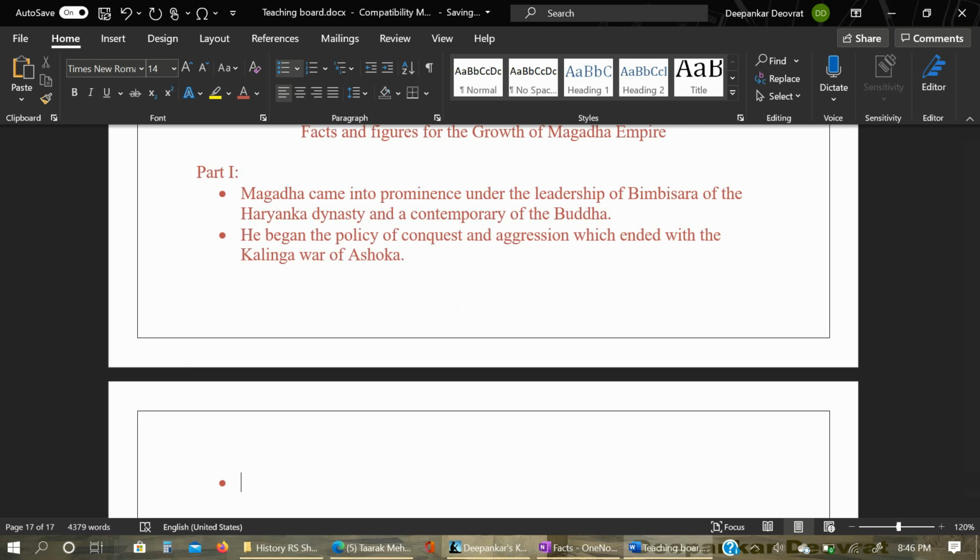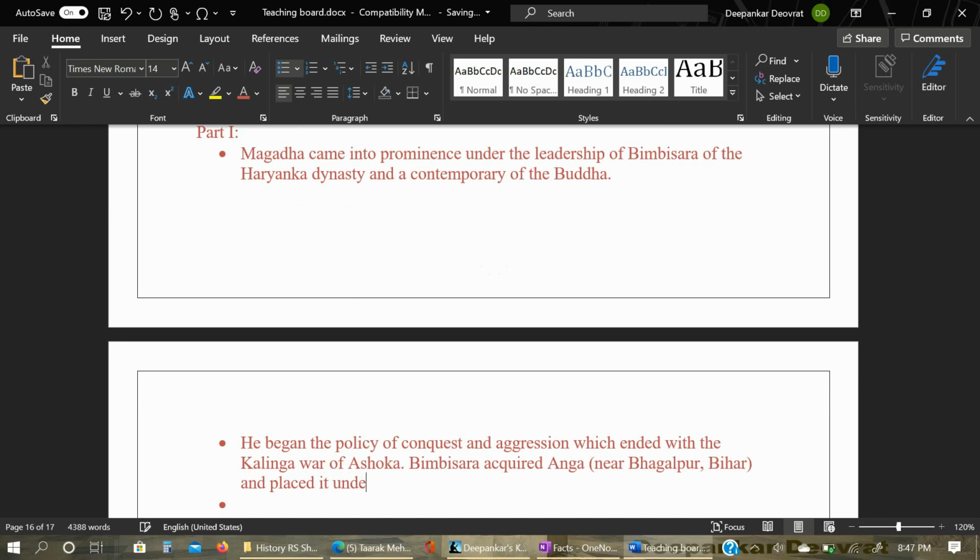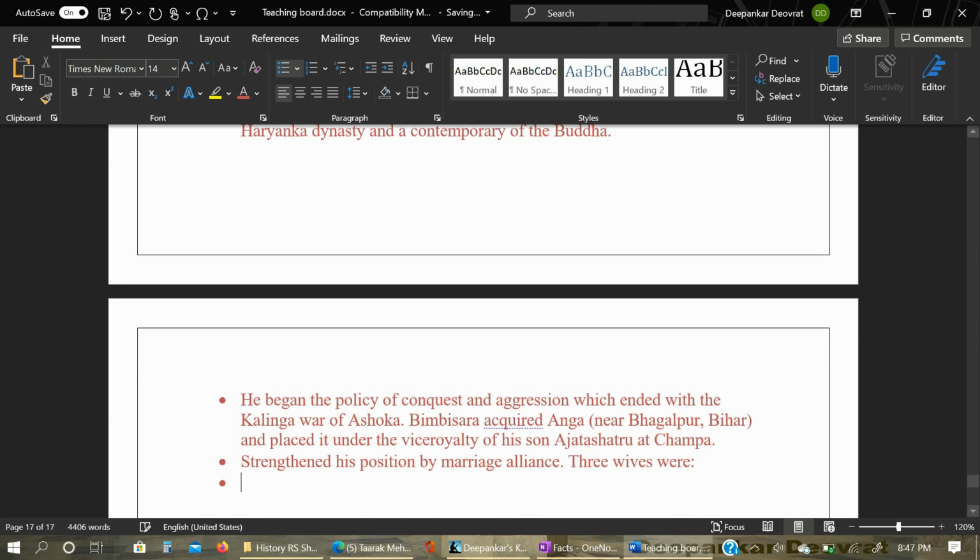Bimbisara acquired Anga, near Bhagalpur, Bihar, and placed it under the viceroyalty of his son Ajatashatru at Champa, the present place Chhattisgarh, and he also strengthened his position by marriage alliances. There were 3 wives.